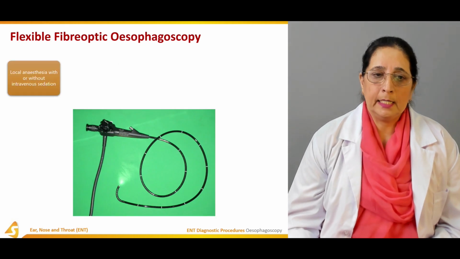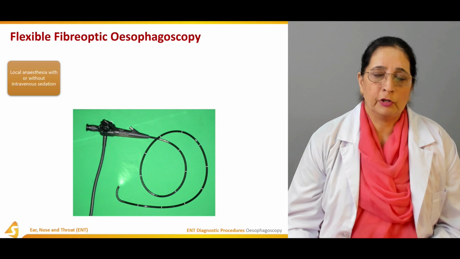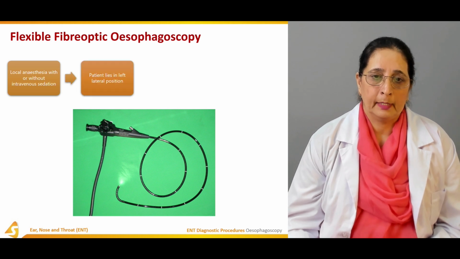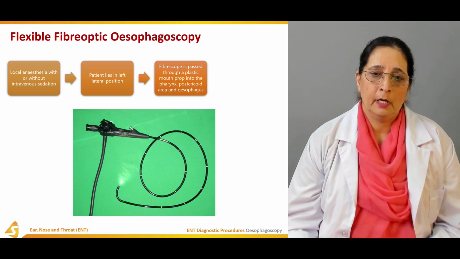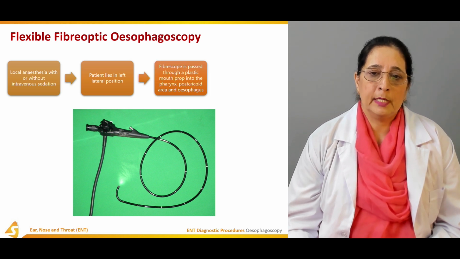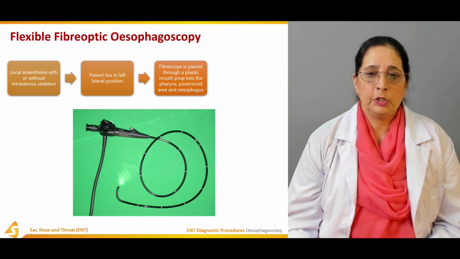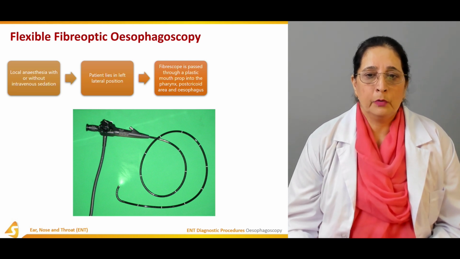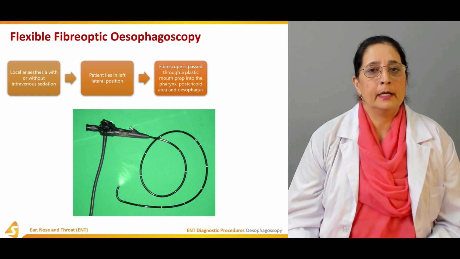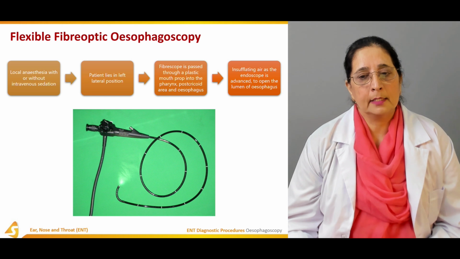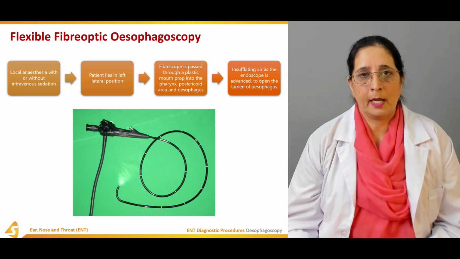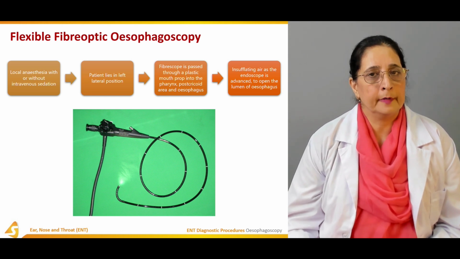Local anesthesia with or without intravenous sedation. The patient lies in left lateral position. The fibroscope is passed through a plastic mouth probe into the pharynx, post-cricoid area, and esophagus, insufflating air as the endoscope is advanced to open the lumen of the esophagus.